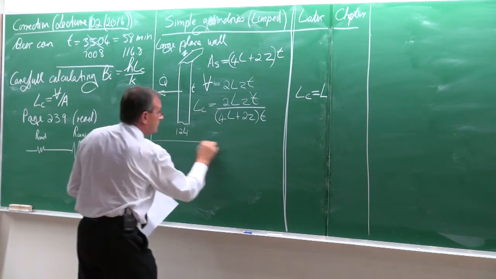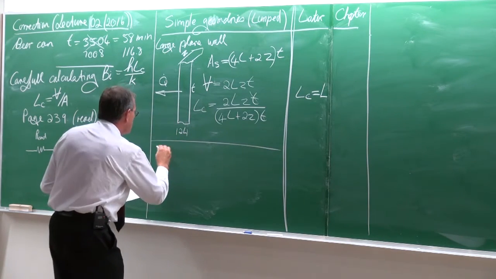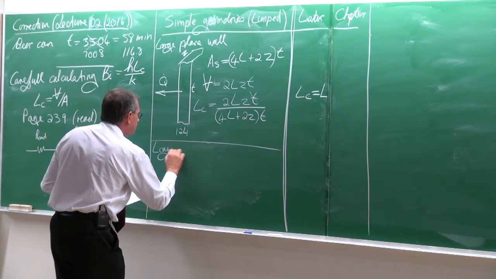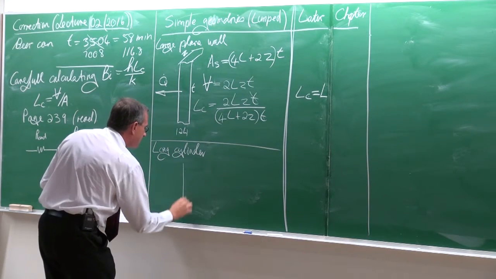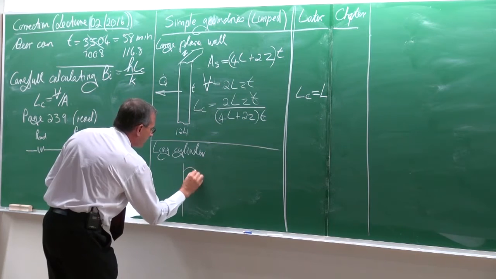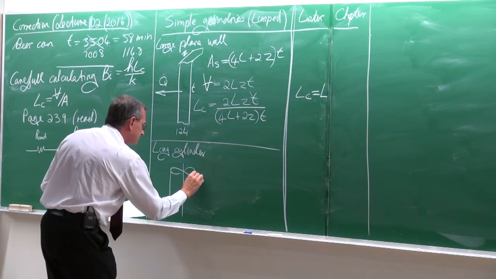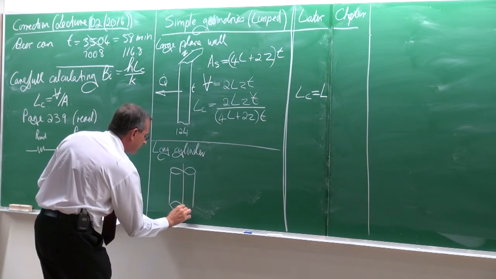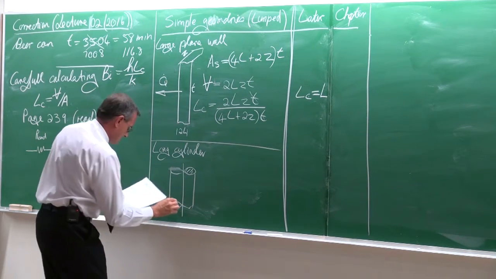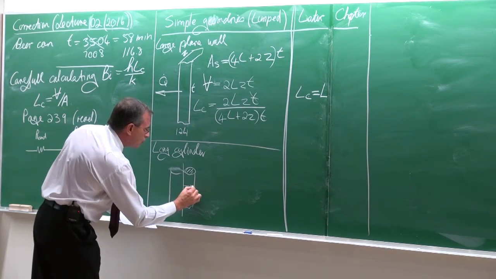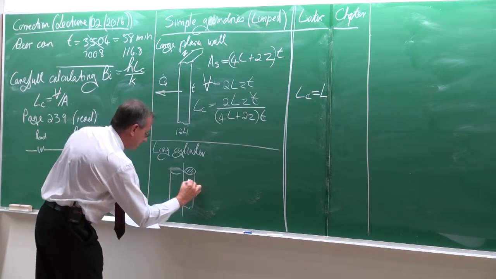Then the same is for a long cylinder. For a long cylinder, this diameter is equal to 2R0.